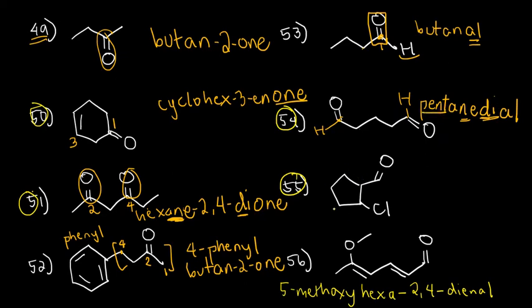For 55, we have a cyclic aldehyde, and this is going to be a little bit different in terms of naming, because instead of just ending with the suffix -al, we have quite a long suffix here, and that is carbaldehyde. And this is mandated by the IUPAC, so we can't really do anything about it. So we have the carbaldehyde suffix for cyclic aldehydes.